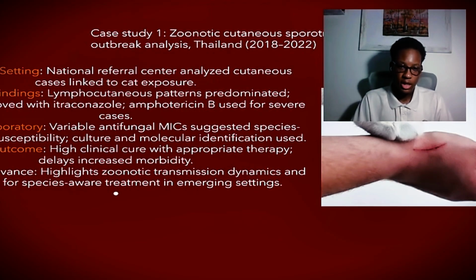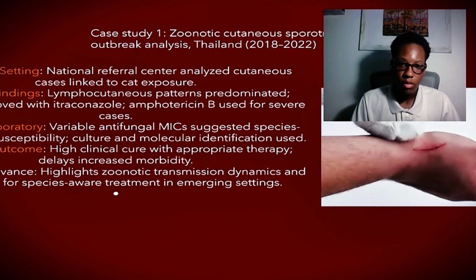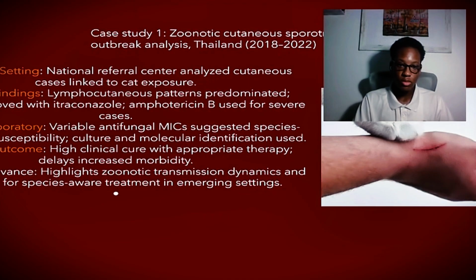Study 1. Setting: a national referral center analyzed cutaneous cases linked to cat exposure. Finding: lymphocutaneous patterns predominated. Lesions improved with itraconazole. Amphotericin B was used for severe cases. Laboratory: variable antifungal susceptibility suggested species-dependent differences; culture and molecular identification were used.